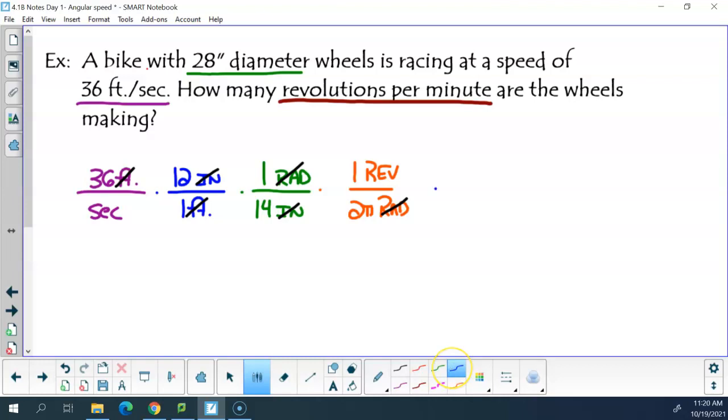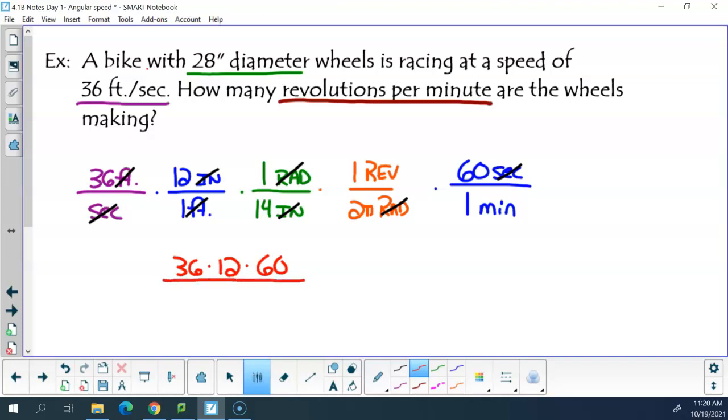There are 60 seconds in 1 minute. Now I am in revolutions per minute, which is what I want to be in. On top, we get 36 times 12 times 60. On the bottom, we get 14 times 2 pi.